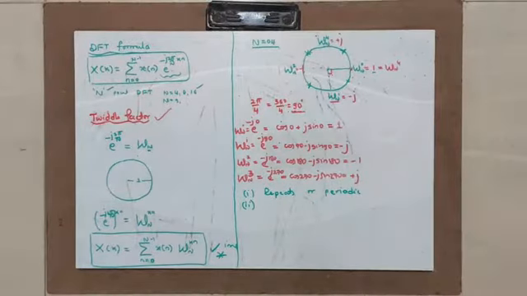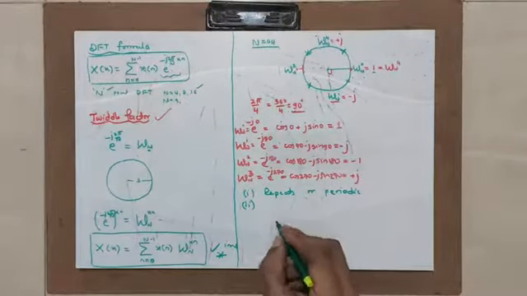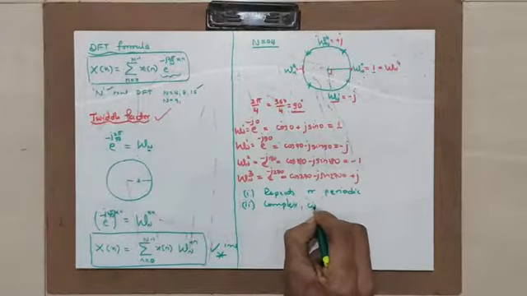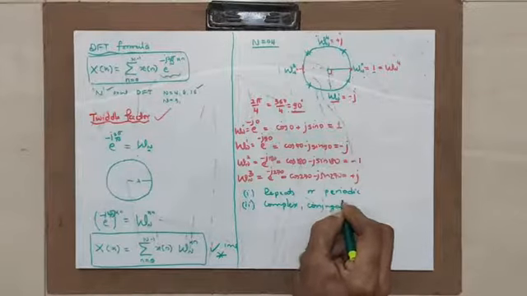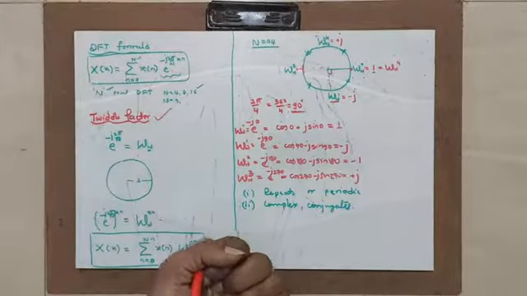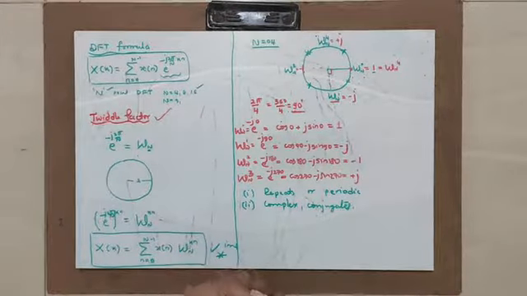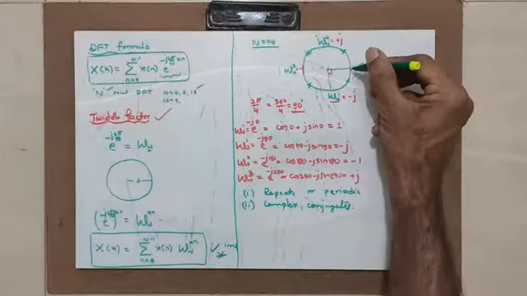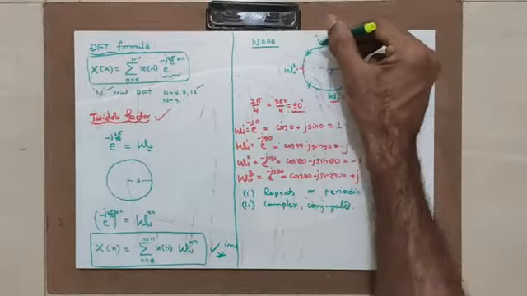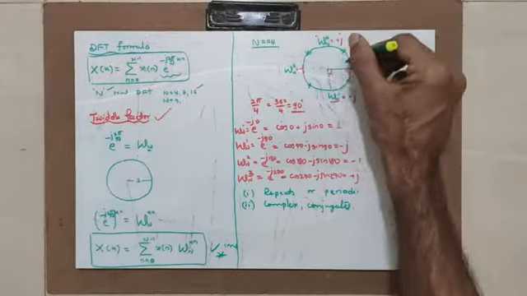Like this it will repeat itself. And complex and conjugates, all these you have to consider while you calculate the twiddle factors. This is very important. The twiddle factor finding is very important, and you should know. I will move in the clockwise direction like this.